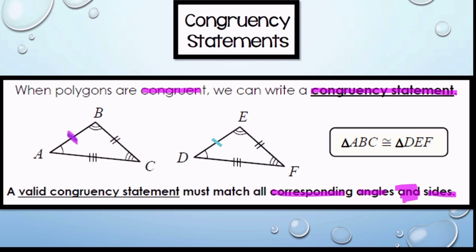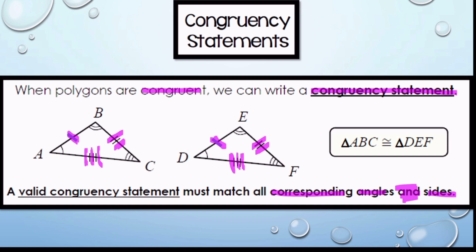These markings here that you see tell me AB is congruent to DE. It also tells me, see how there's 2 here? It tells me BC matches EF. And then there's 3 here. Okay, that tells me that AC matches DF. And there is some sort of order to this, okay?